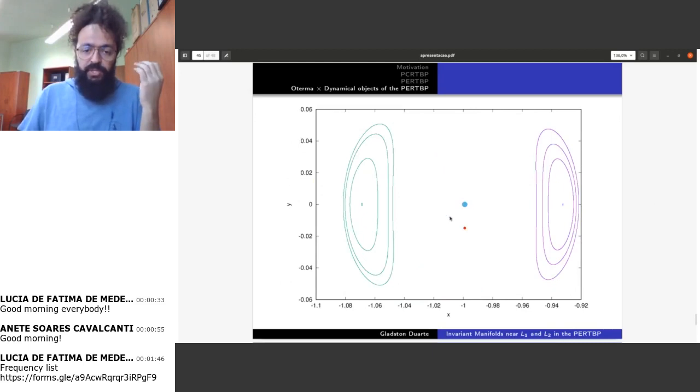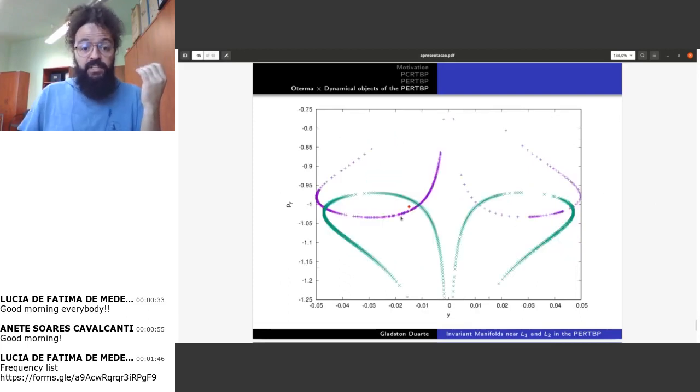So we integrate until we reach the same x as Jupiter, and we compute stable and unstable manifolds of these objects, tori around L1, tori around L2, and then we see how they interact. And then we see that for some of these tori, Oterma lies inside the intersection of them.